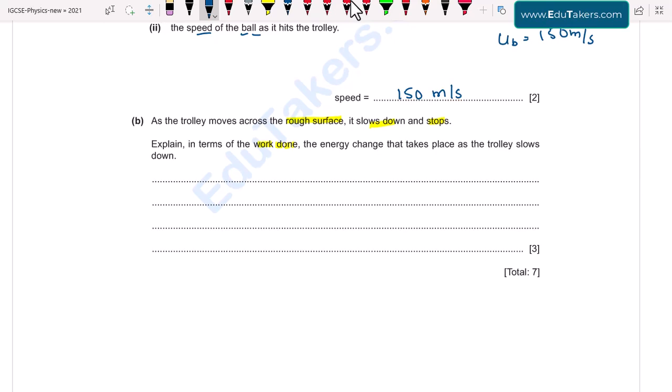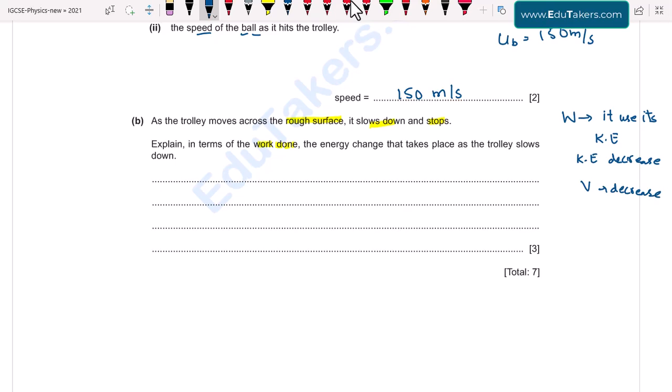So I write here it works against frictional force. By doing this work it uses its kinetic energy. It means that here kinetic energy reduces, it decreases. By decreasing kinetic energy, the speed also decreases. That's why it slows down and then at the end it stops.